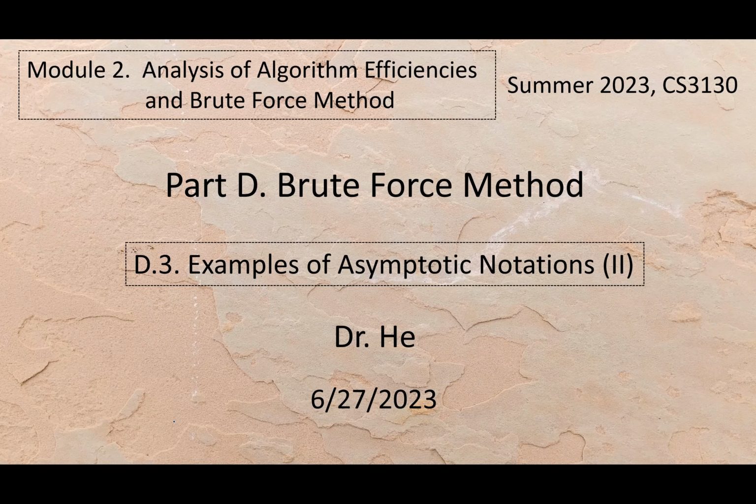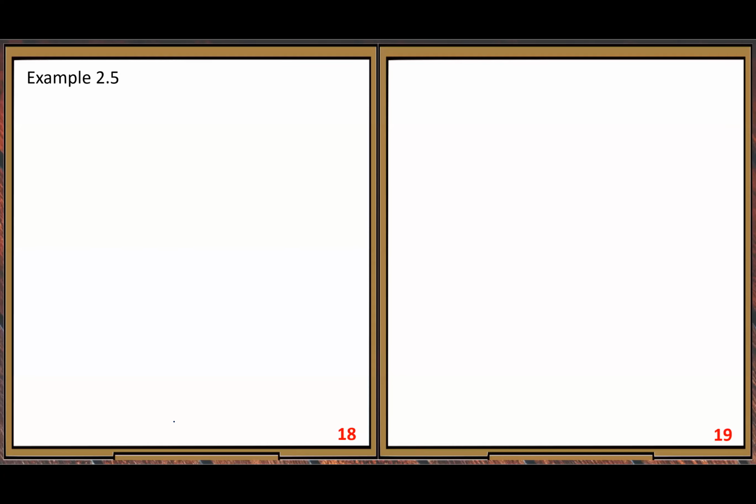In this assignment, there are a few relatively hard questions, but we need to use these examples. So you need the background of these examples for those questions. Let me start with question 2.5.